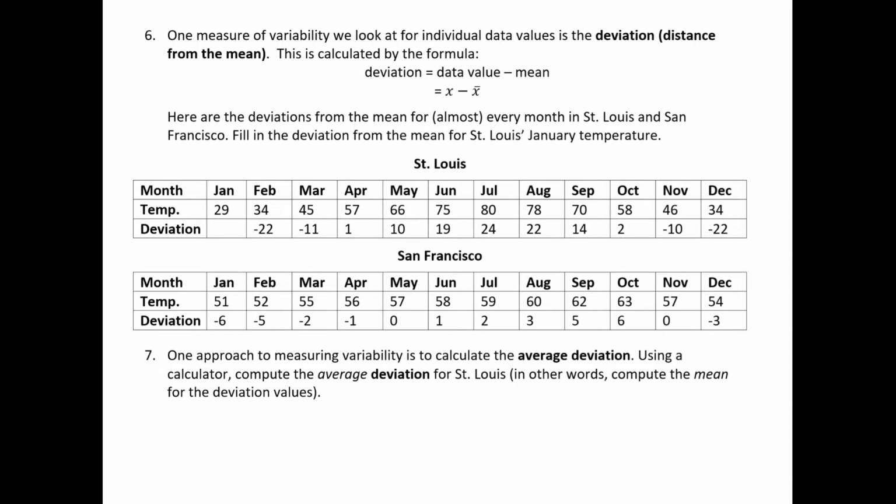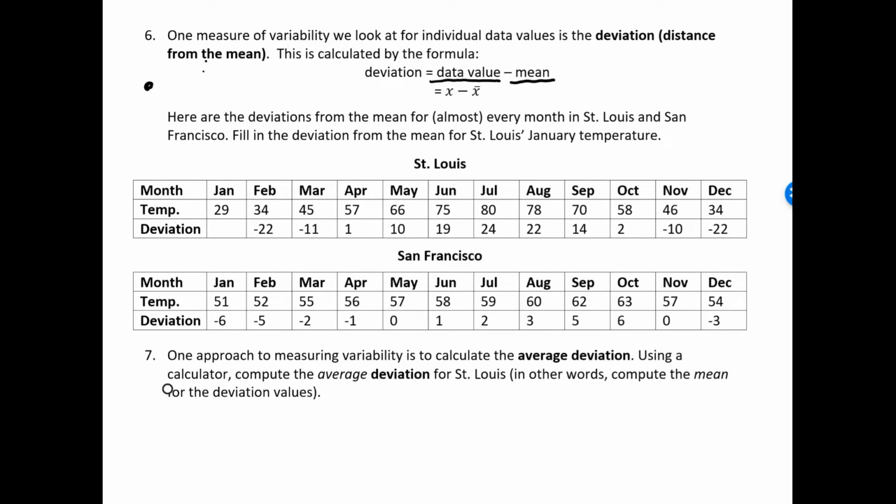So to calculate the deviation, it's pretty straightforward. The deviation is just we take that data value, whatever value we're talking about at that moment, and then we subtract the mean of the data set. So this is essentially saying, okay, we've got some point, and we want to figure out how far away from the mean it is.